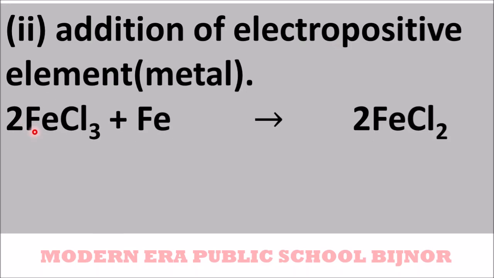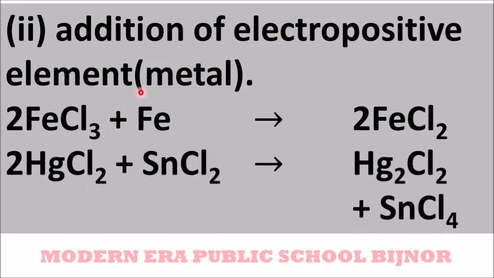The example: ferric chloride gains iron and becomes FeCl2. In this condition, ferric chloride is gaining iron, a metal, an electropositive substance, so it is also considered a reduction reaction. Second example, mercuric chloride HgCl2 and stannous chloride SnCl2 react and become Hg2Cl2 and SnCl4.